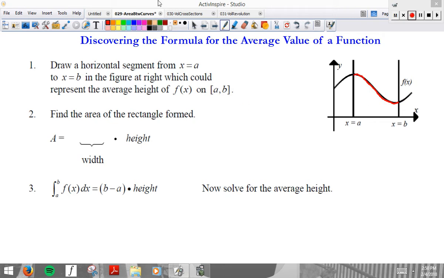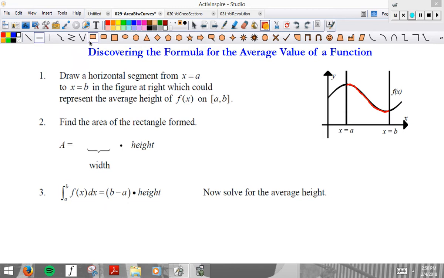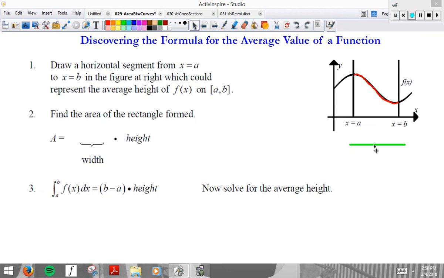And we want to know, where is the average y value in that interval? So I'll draw my trusty horizontal line segment, and I'm going to slide it up until where I think the average value is.